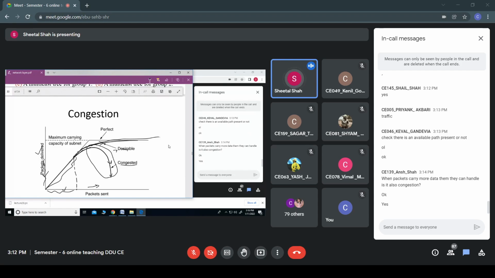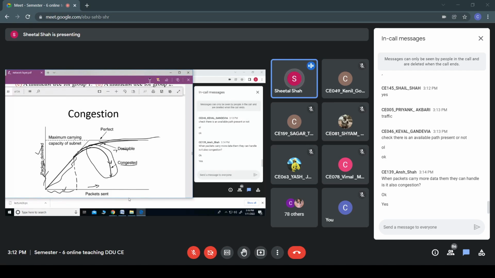Now can you tell me what can be the reason? What are the factors on which the congestion depends? Just a guess.